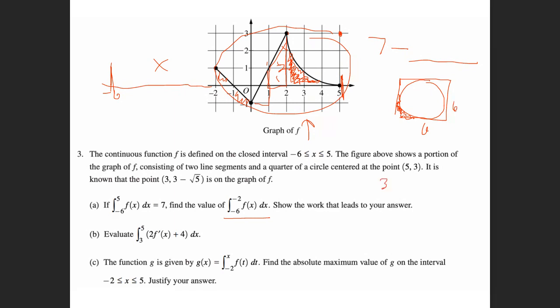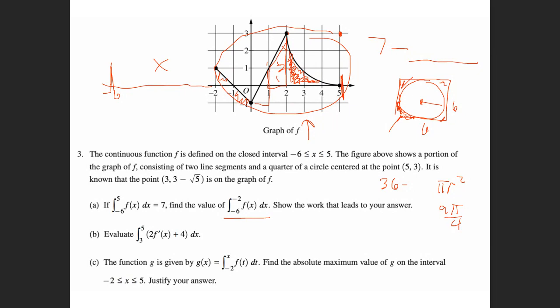The area of the square is 36 minus the circle. The circle is pi r squared. The radius is 3 here, so that's 9 pi. But it's only a 4, because remember, we're not looking at this piece or this piece or this piece, just this one. So it would just be divided by 4.